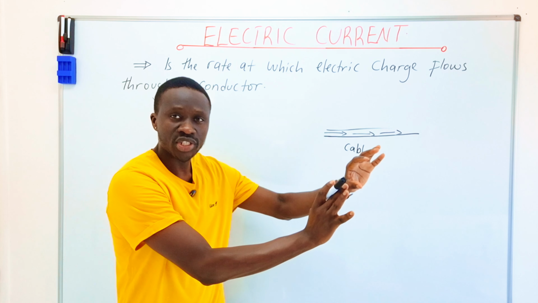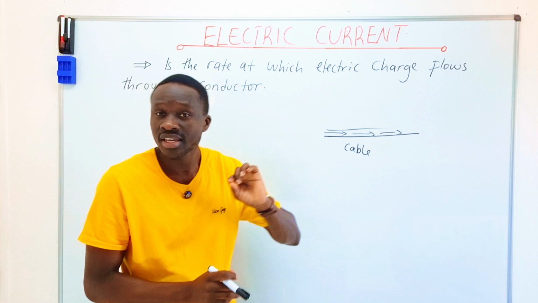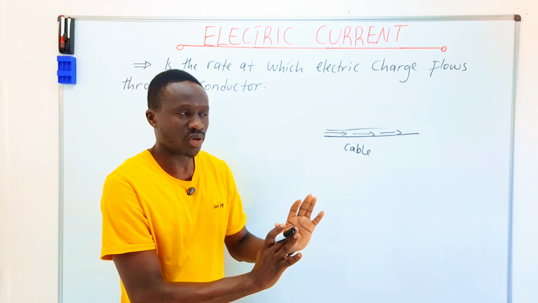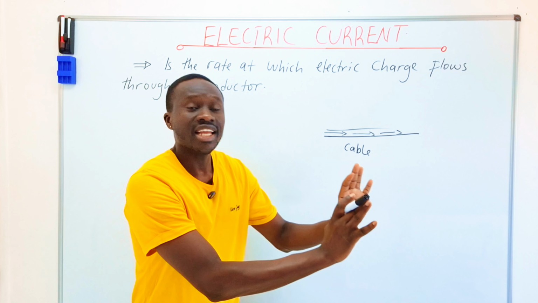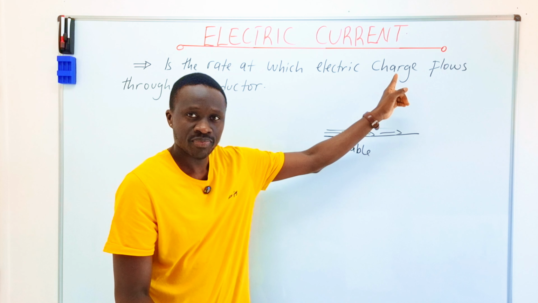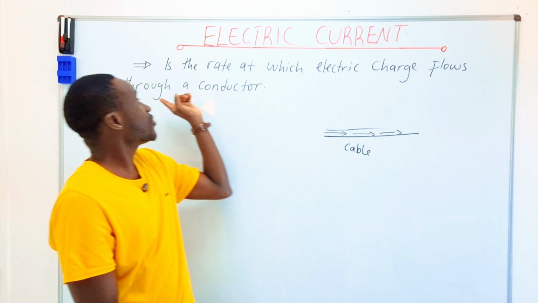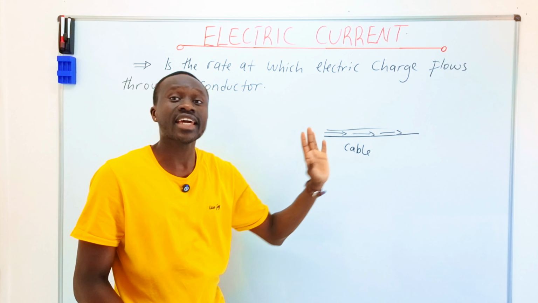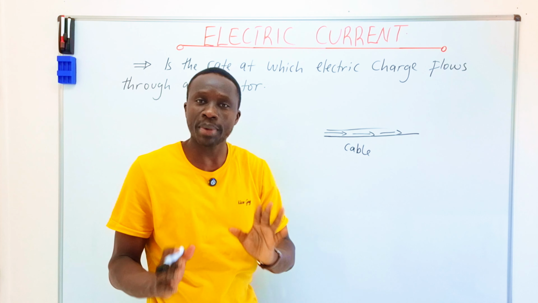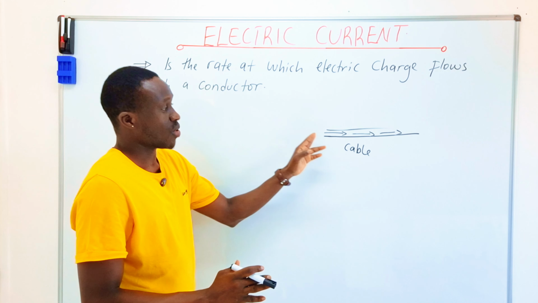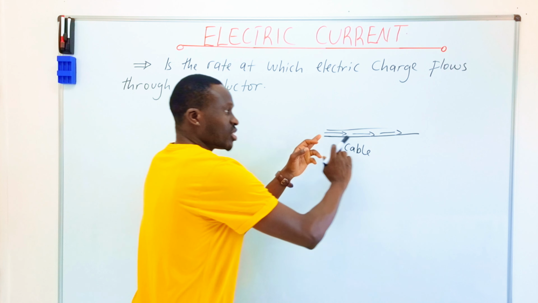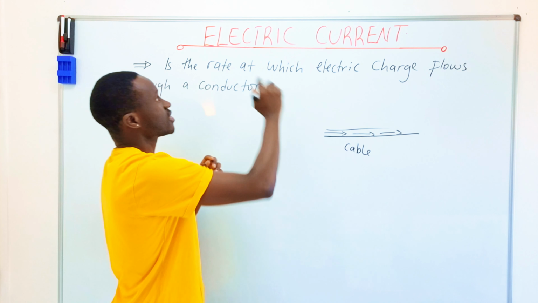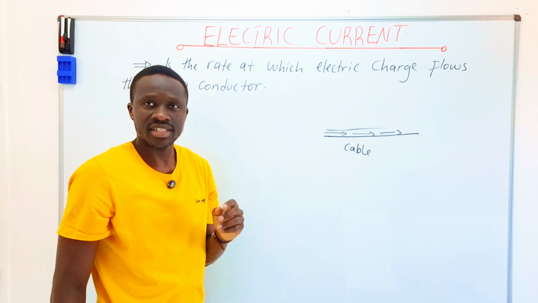Once there is a voltage, just know there is current, because a voltage is just a force which pushes electric charge to flow through a conductor. Which conductor? Let's say our copper cable. Once electric charge passes through this cable, the rate at which it flows is the electric current.